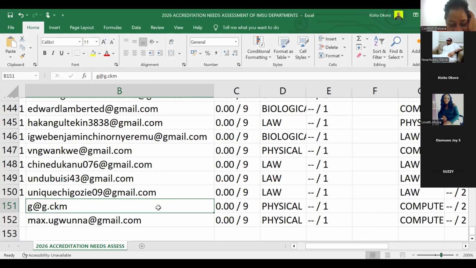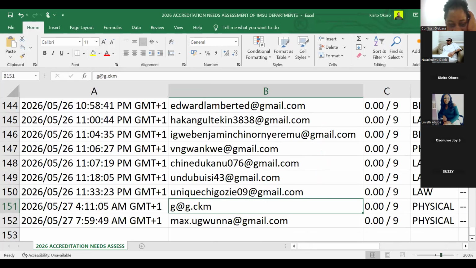You know the thing is, let me see. Okay, that's the second row. My form is set so that the person answering must sign in with their email. If not, my form will not accept it, by default it's set like that.